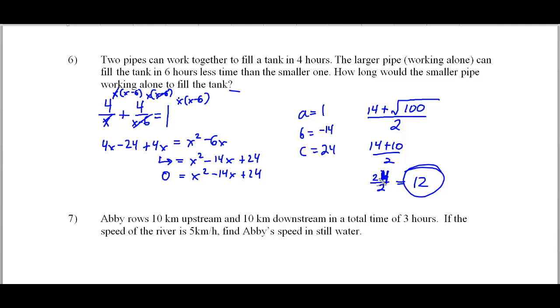And that means my larger pipe, which was x minus 6, is going to take 6 hours to do so. By the way, if you rewind the video, you'll notice that I actually did a problem that kind of set this up. It's kind of funny that our 4/12 plus 4/6 is equal to 1.